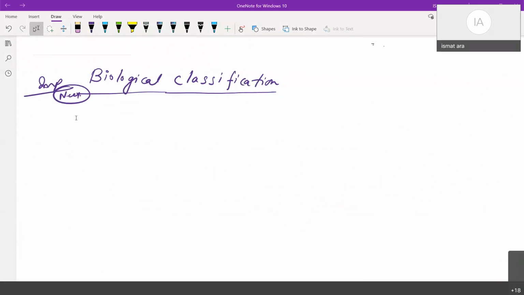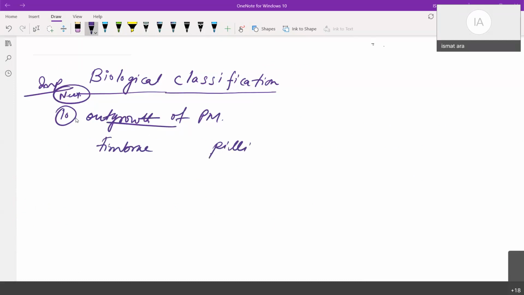Next one is outgrowth of plasma membrane. That is, I'm talking about pili and fimbriae. Outgrowth of plasma membrane. Now, fimbriae are thinner, whereas pili are thicker.